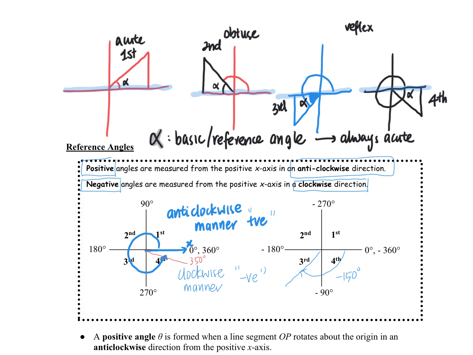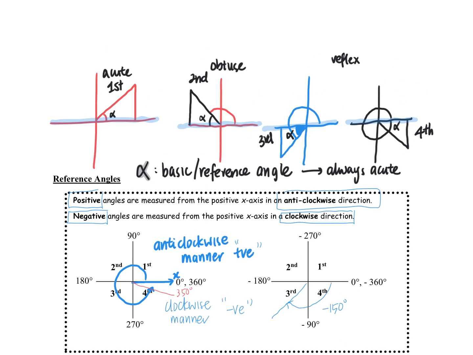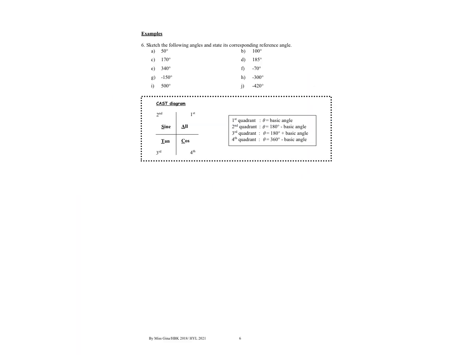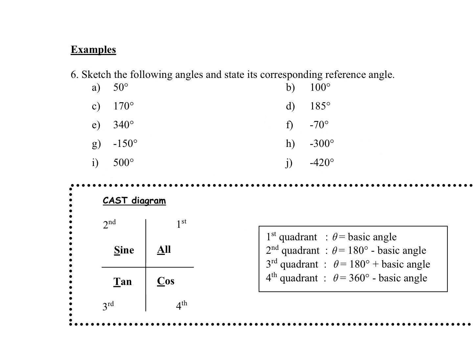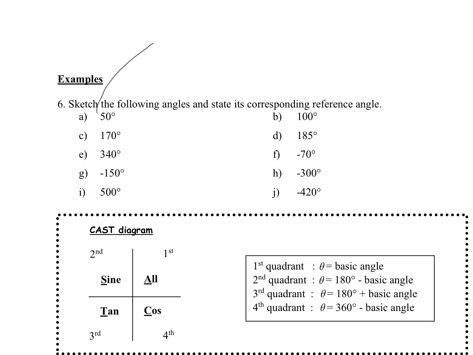So let's look at this first one. You look at the next page, there are plenty of angles that I'm asking you, right? What is the reference angle? So first thing first, 50 degree. If I were to do a sketch for 50 degree, it's quite apparent that it's just like that. Right, just 50 degree.